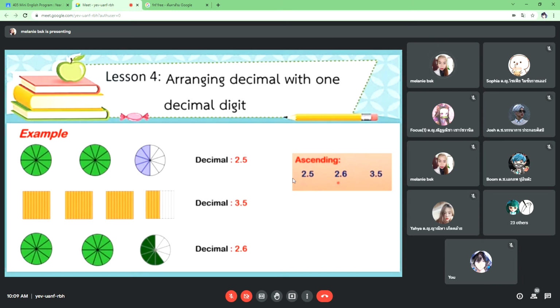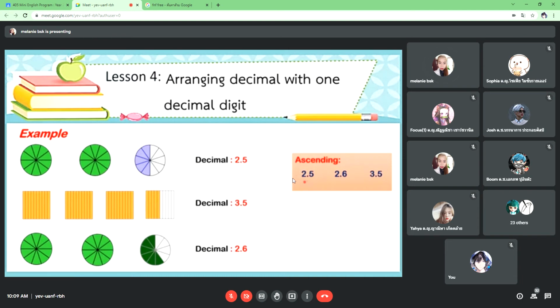What can you observe about it? This one is 2, 2, and 3. Look first at the whole number: 2, 2, and 3. Now, what can you observe, children? Ascending numbers, the number is increasing, meaning the number is going up.